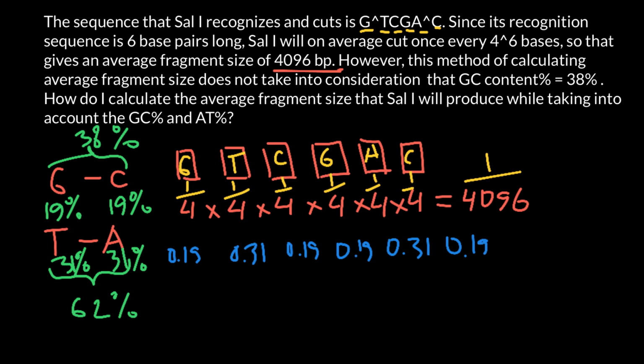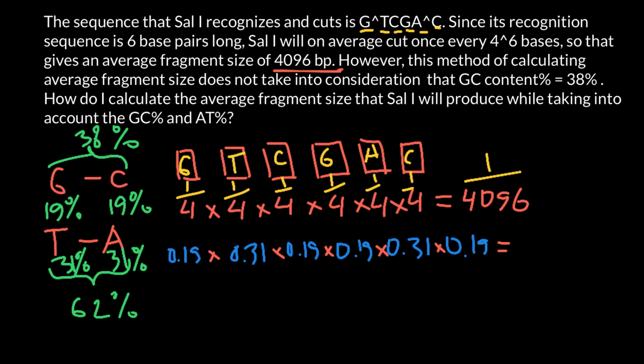Now we just have to multiply all these probabilities, and we are going to find the probability that we will take a random sequence of 6 base pairs, and the sequence would be guanine, thymine, cytosine, guanine, adenine, and cytosine in this particular order.